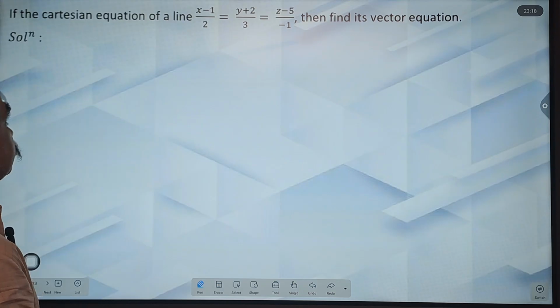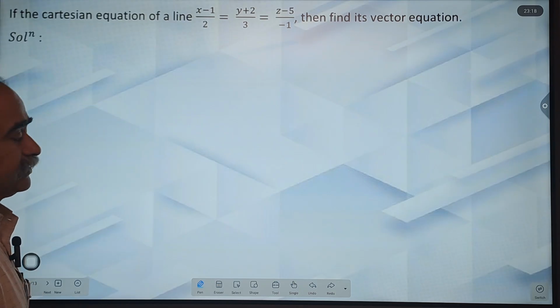If the Cartesian equation of line is this, then we have to find the vector equation of line.